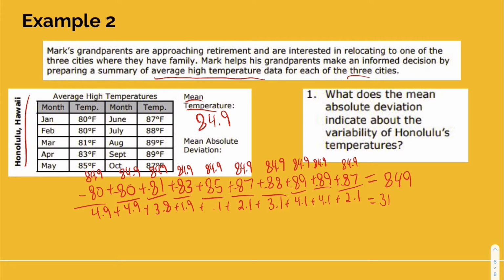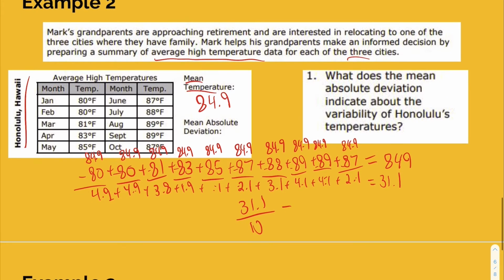With that 31.1, we just need to find the average one more time. We need to find the mean. 31.1 divided by, how many numbers do we have? 1, 2, 3, 4, 5, 6, 7, 8, 9, 10 that we added together. So we're going to do 31.1 divided by 10 to get 3.11.